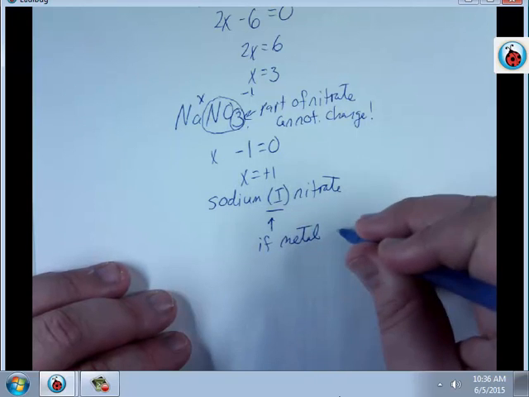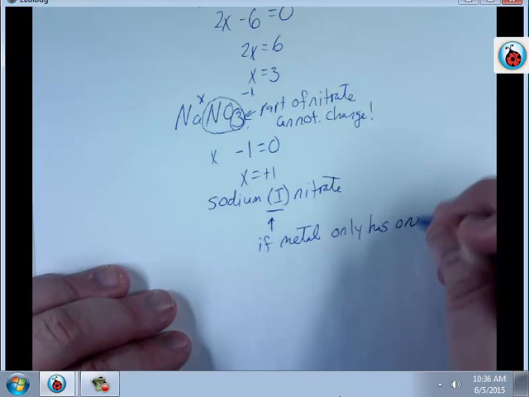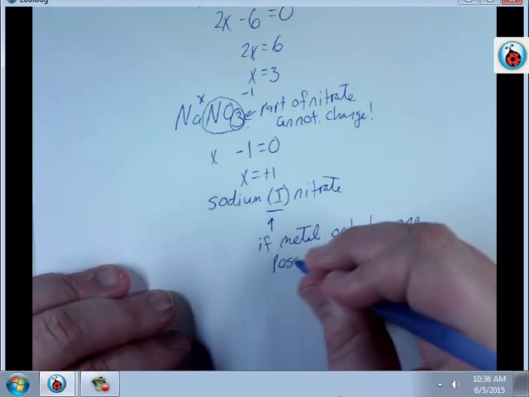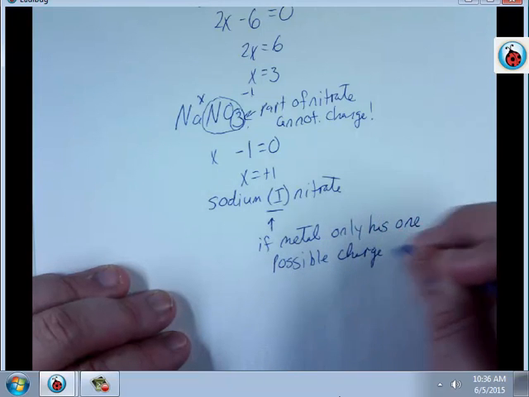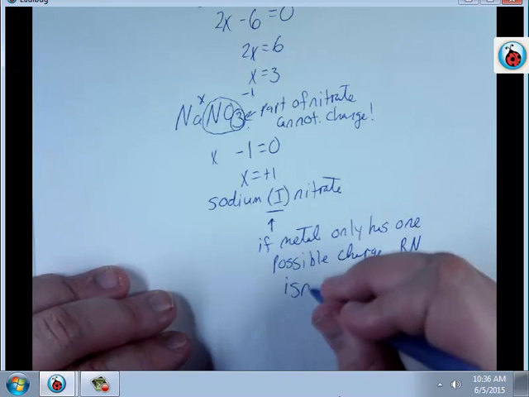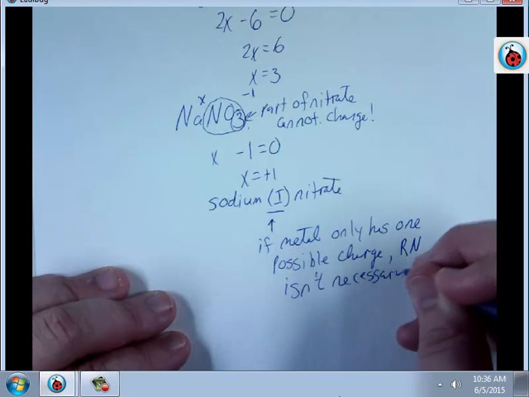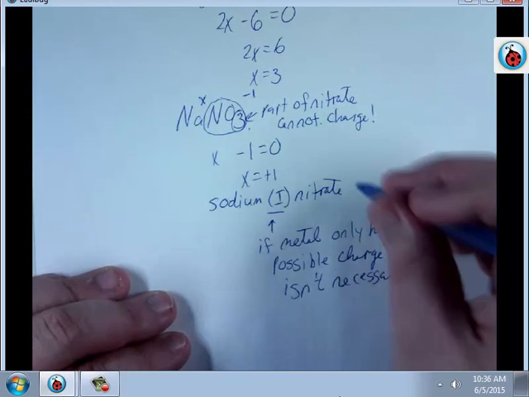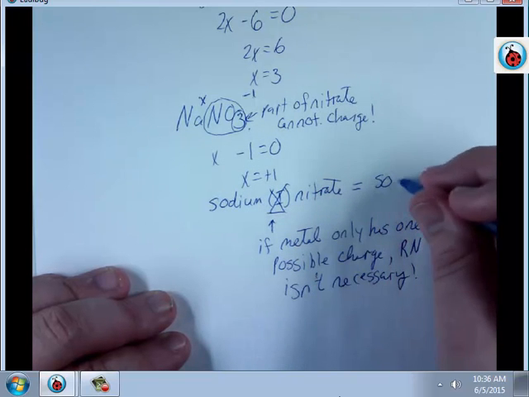If metal only has one possible charge, Roman numeral isn't necessary. So I can get rid of that and change it to just sodium nitrate.